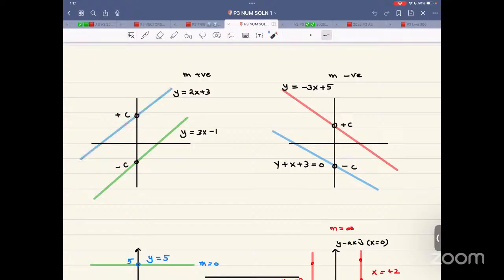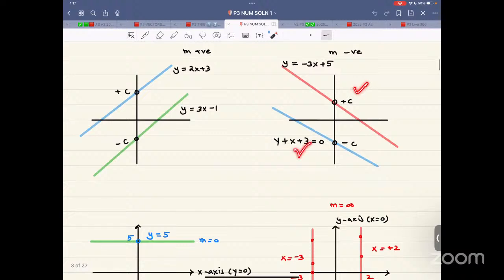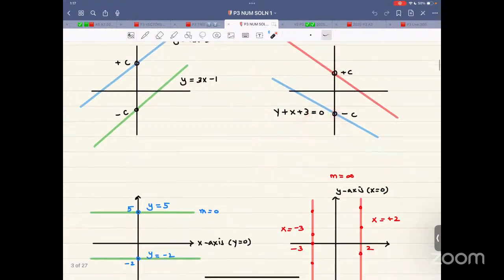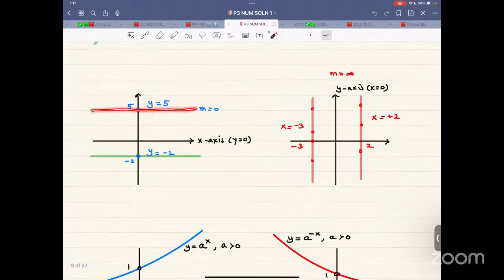Gradient positive, and y-intercept is positive, y-intercept is negative. Similarly, negative gradient, positive y-intercept, negative y-intercept. Line parallel to x-axis, gradient is 0. Line parallel to y-axis, gradient is undefined. This is of the form y equals a constant. This is of the form x equals a constant.